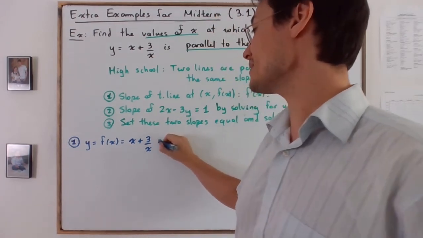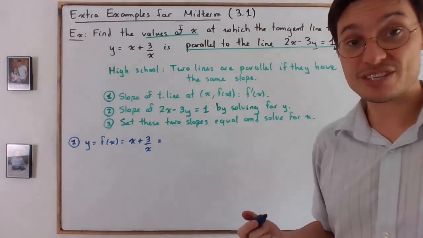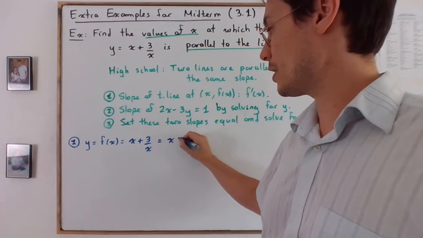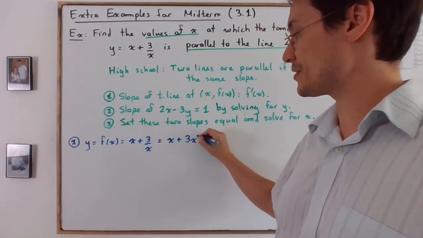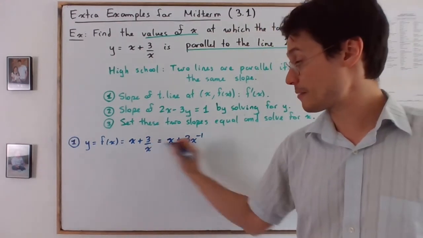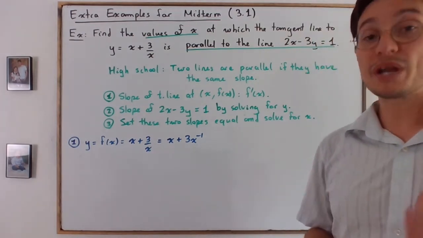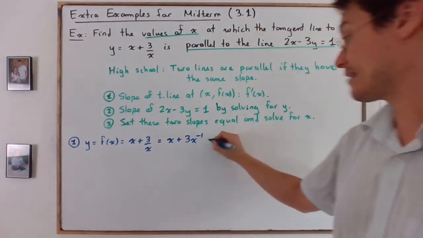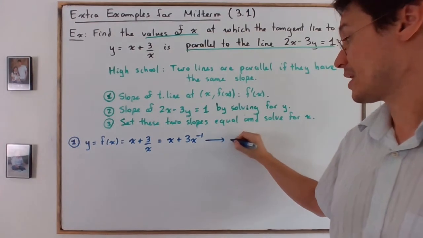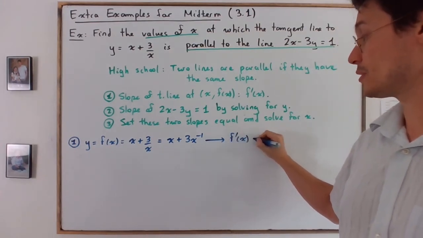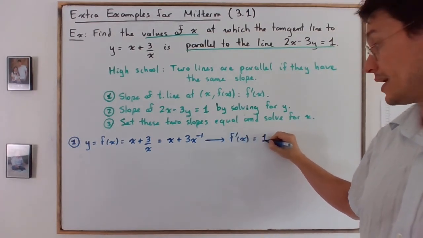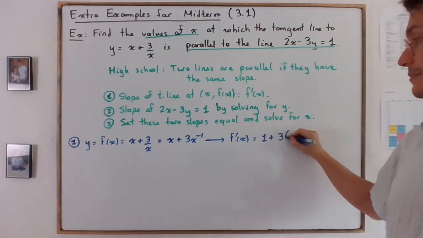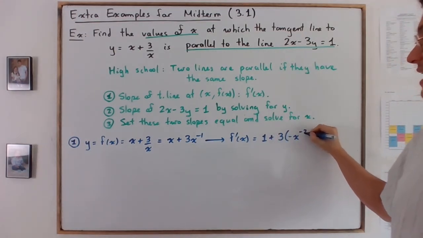One thing you should not forget is the preparation step: you prepare to take the derivative by bringing the x from the bottom to the top with an exponent of -1. From there, f prime of x will be equal to 1 plus 3 times -x to the -2.